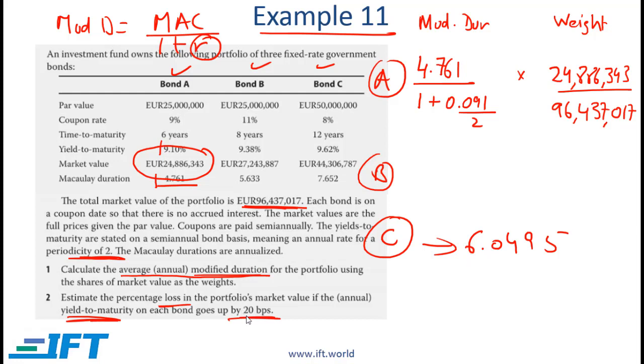But here the YTM goes up by 20 basis points, which is the same as 0.2%. So we multiply 6 by 0.2 and we get 1.21%. And this is a negative number because the interest rates have gone up and therefore the value of the portfolio will come down.